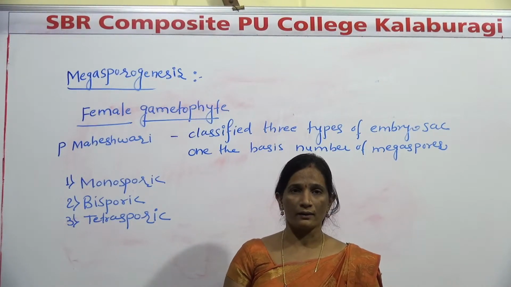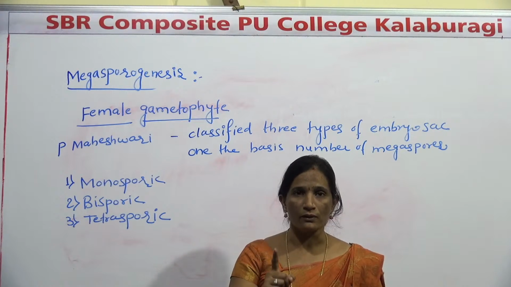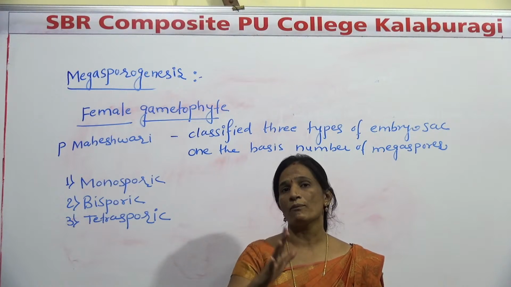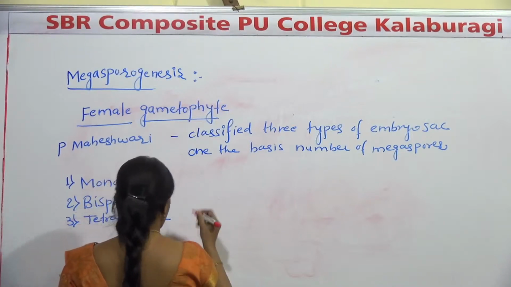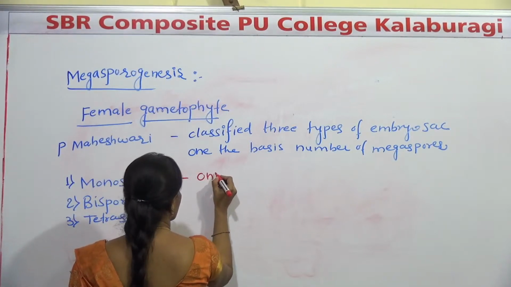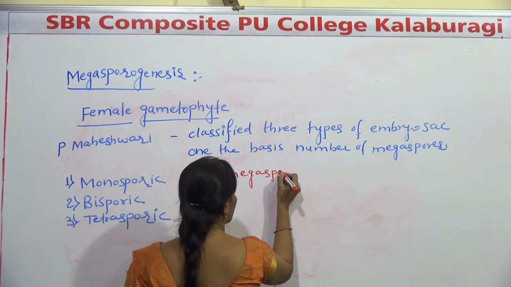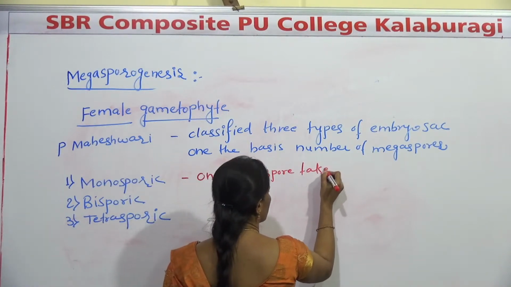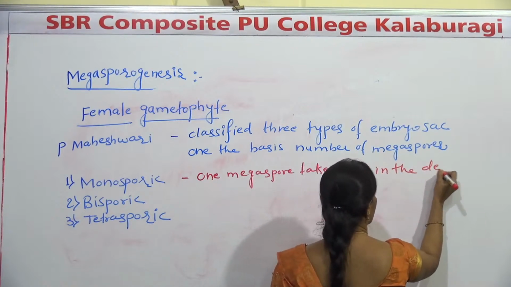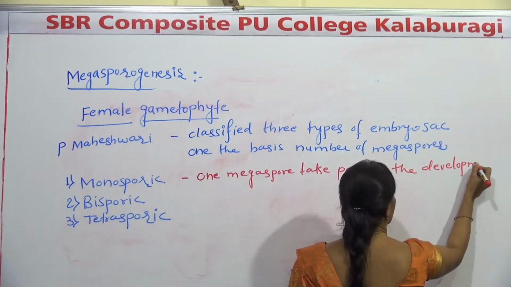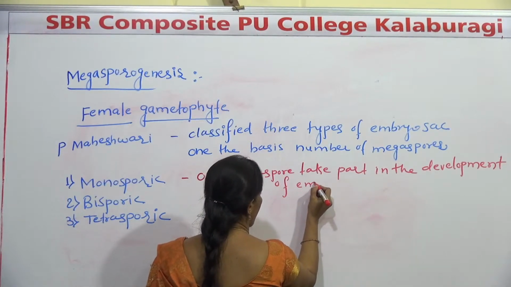Monosporic embryo sac means only one megaspore takes part in the development of the embryo sac.